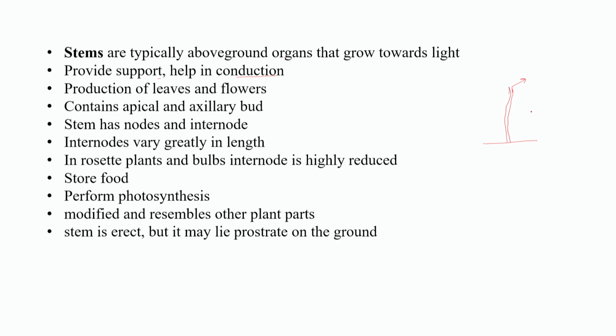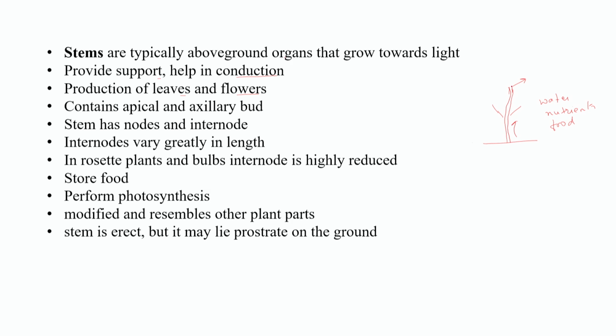It helps in conduction of water and nutrients from the soil to the various parts like leaves and flowers, and it also conducts food material to different parts of the plant. Another important role of the stem is production of leaves and flowers, so lateral branches come out from the stem.